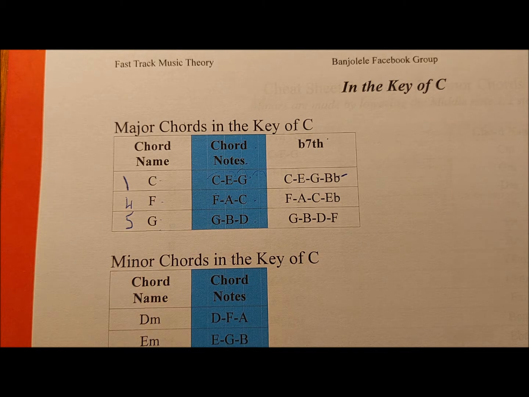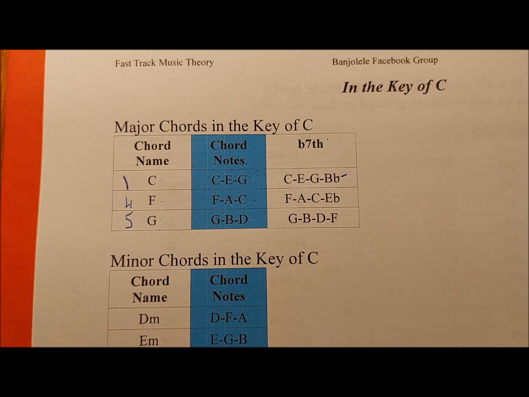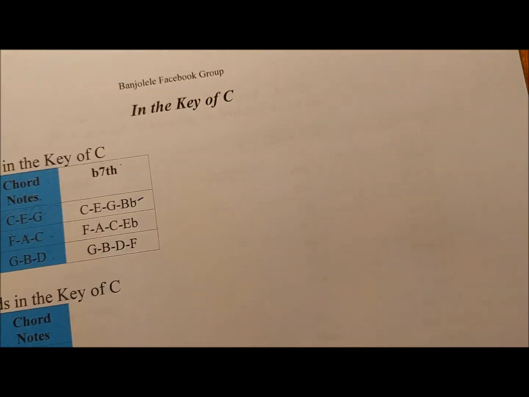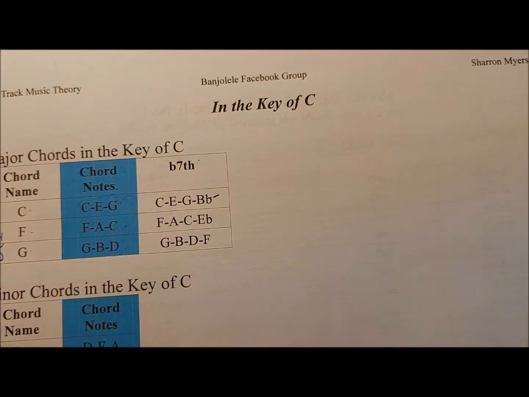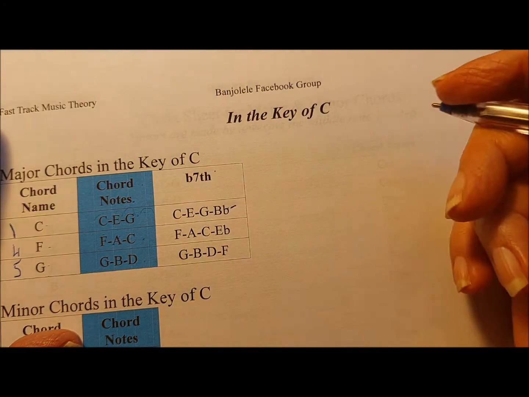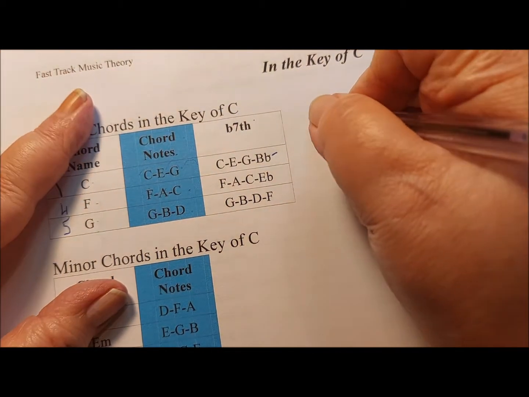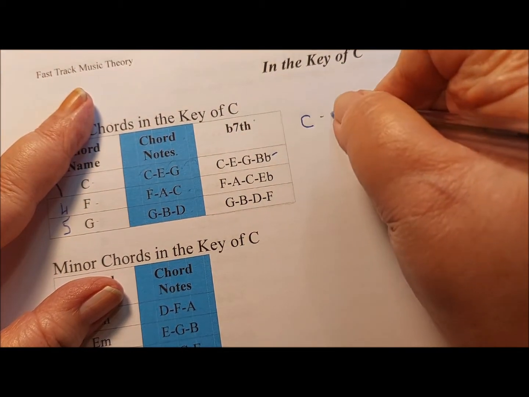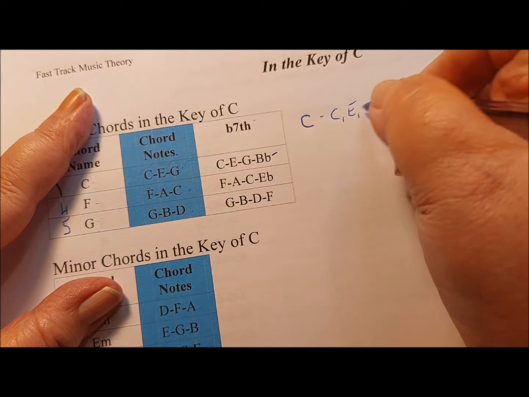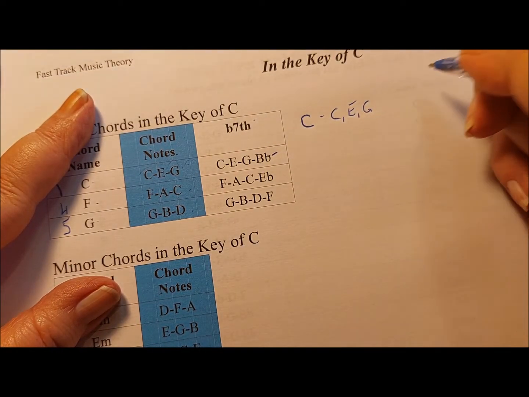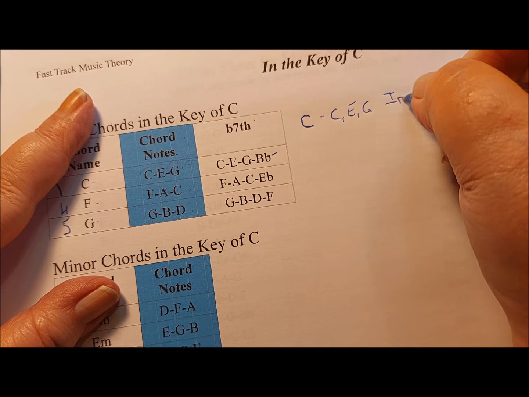You might be at a place where you can improvise. Okay, I'm going to tell you a little bit about inversions. I wasn't going to, but since we're talking about improvising. Okay, so the C chord, we said, is C, E, G. But there are what's called inversions.